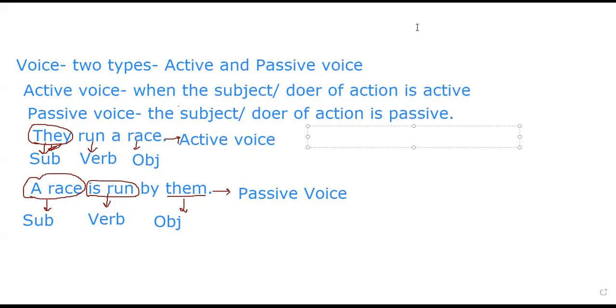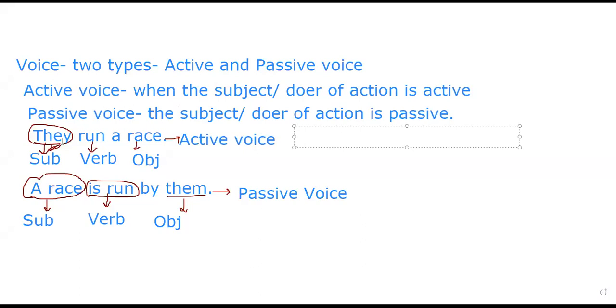Now I told you the, ma'am, various, yes, ma'am, वो डोर के डोर ऑफ एक्शन इज पैसिव doer of action. हाँ Now in active voice, they run वो a race. They is subject, ठीक है?